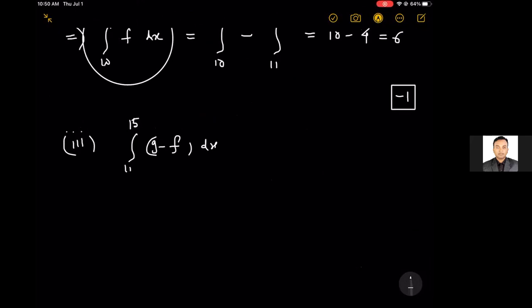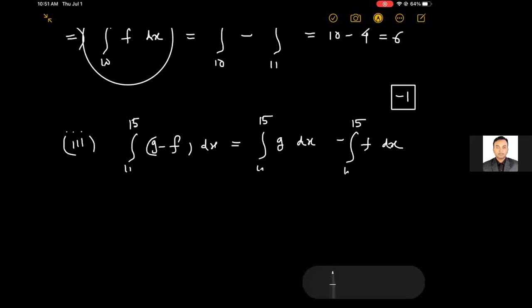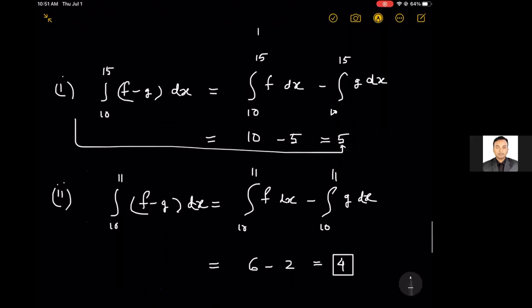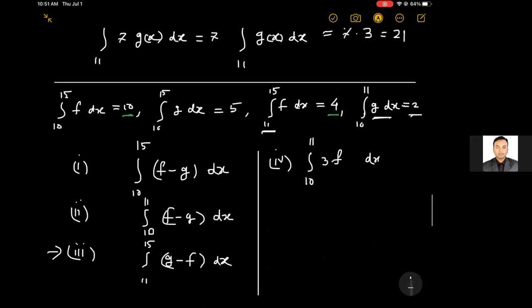This is technically 11 to 15 g of x minus 11 to 15 f of x, right? And as I said, we have the value for f. For 11 to 15, f is 4. So we can use that.